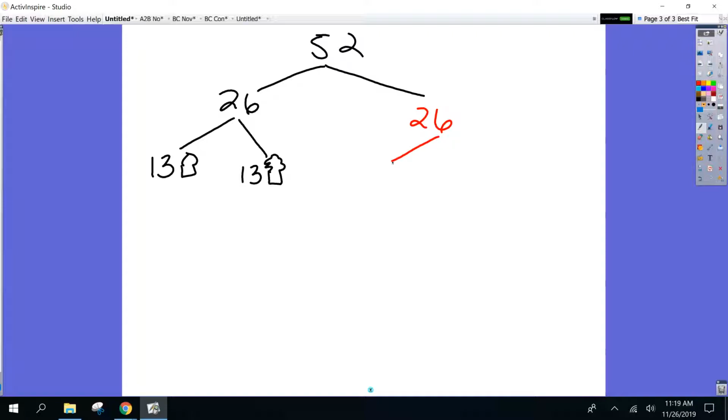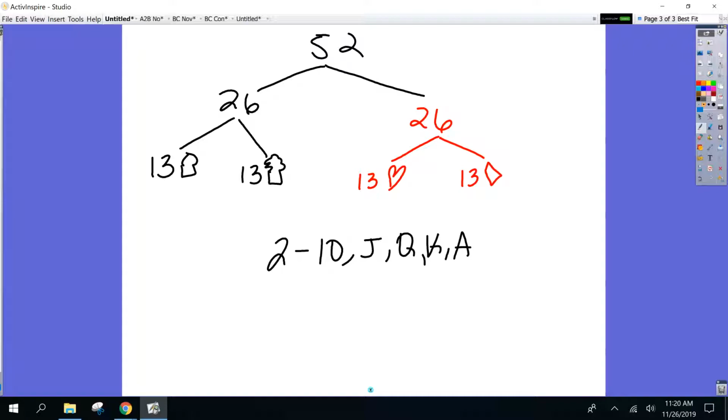Next one over here. You have 13 hearts, 13 diamonds. Okay. All 4 suits have the cards 2 through 10, Jack, Queen, King, and an ace.